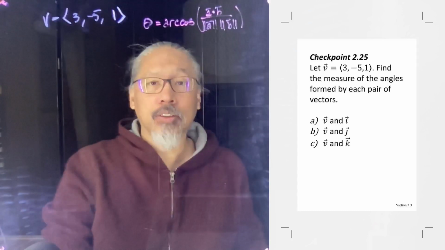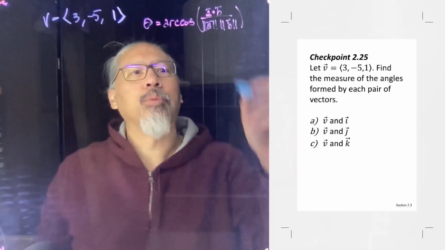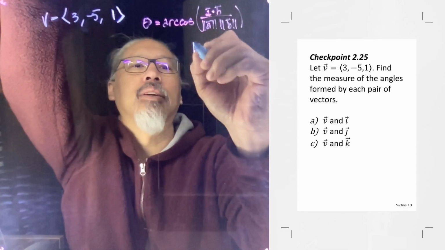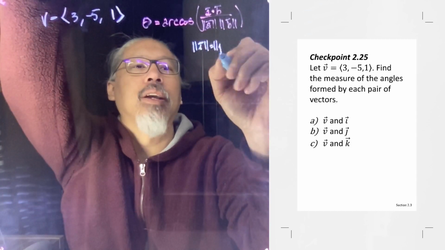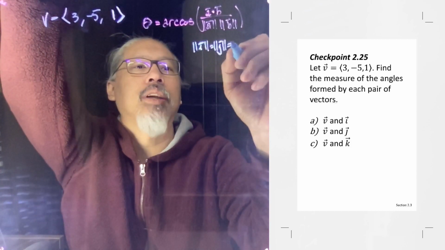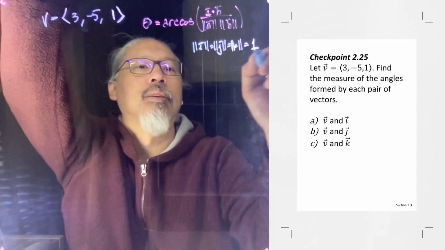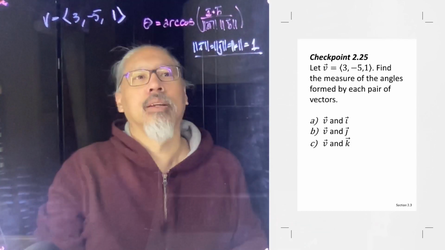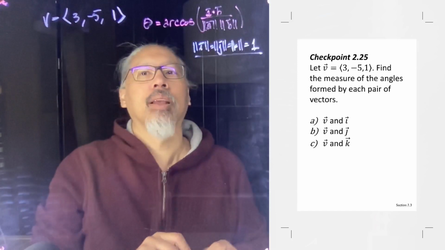If we're going to do this for i, j, and k, our standard basis vectors, then we know that the magnitude of i is equal to the magnitude of j, which is equal to the magnitude of k, which is equal to 1. So let's keep that in mind, that one of our calculations is going to be just 1.